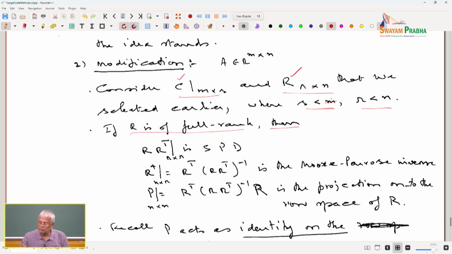The S columns, there are only totally n columns. So, S must be less than n, and the number of rows is less than m, the m rows and n columns. Now, I am assuming my R is a full rank matrix, and is quite likely to be full rank.